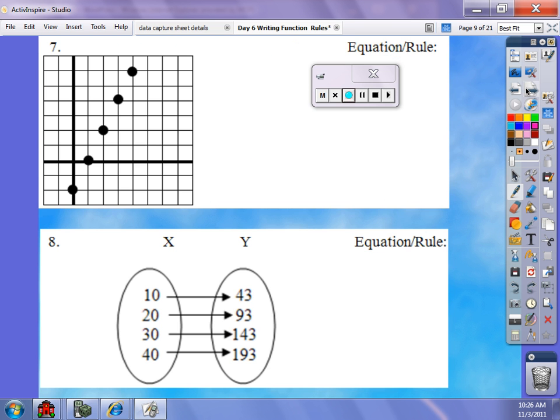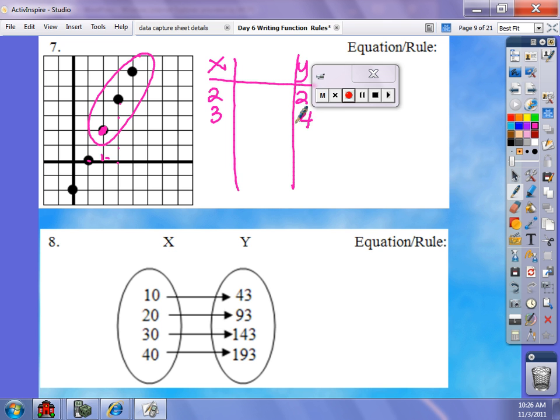Okay, let's take a look at if I have a graph. Now, I'm going to just choose a couple of the points and put them together in a table, and we're going to do the same exact thing. This ordered pair right here is 2, 2. This one is 1, 2, 3, 1, 2, 3, 4. And this one is 4, 6. Okay, so change of y over change of x. The y's are changing by 2.